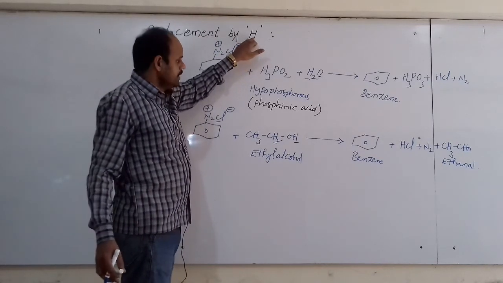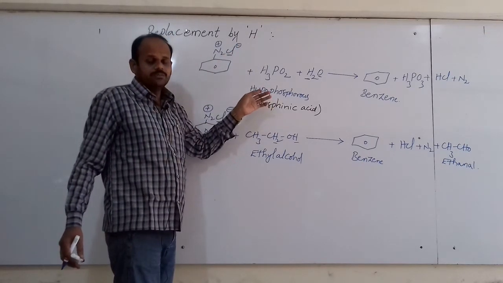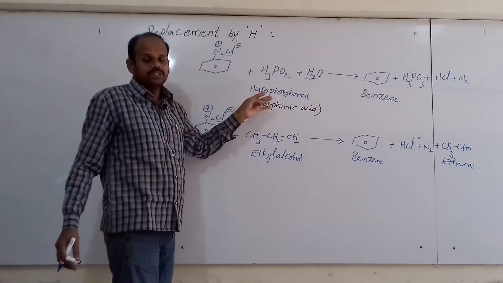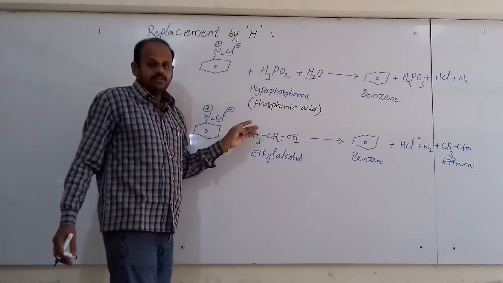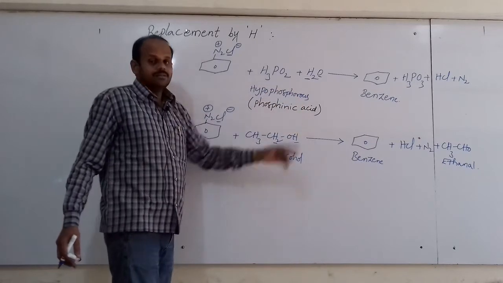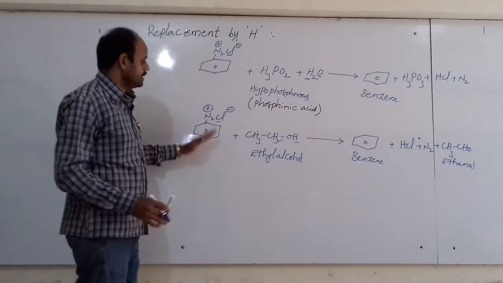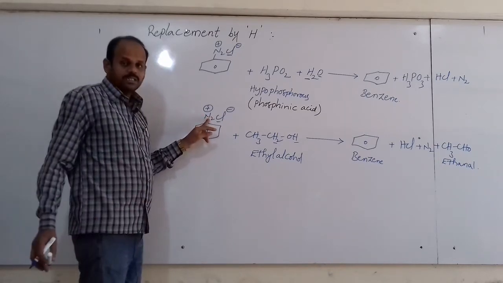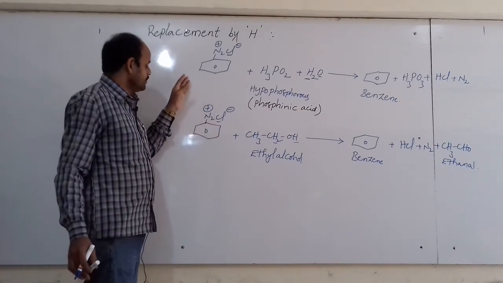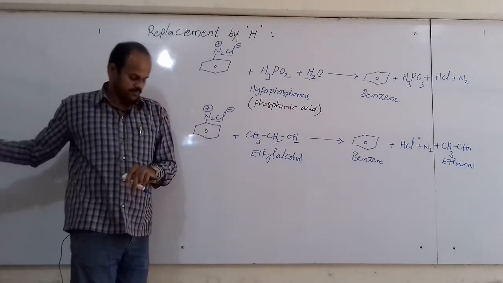Thus we can prepare chlorobenzene, bromobenzene, fluorobenzene, cyanobenzene and iodobenzene, and phenol and benzene also, and nitrobenzene also we can prepare from benzene diazonium chloride by the replacement of diazo group. These are the reactions involving displacement of diazo group.